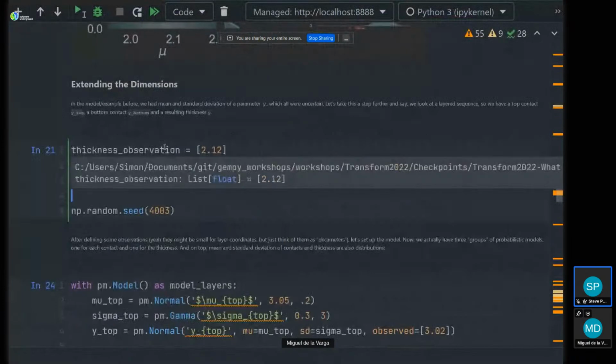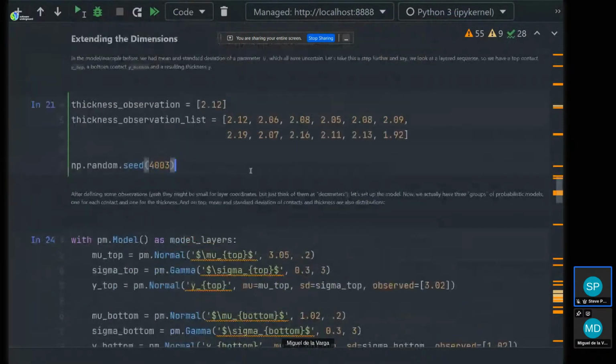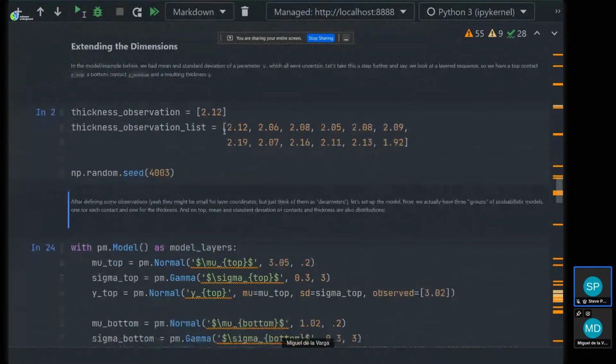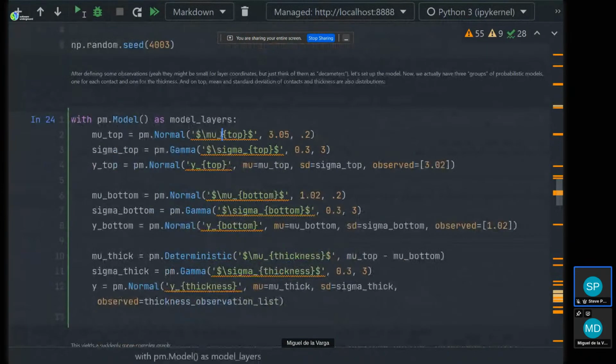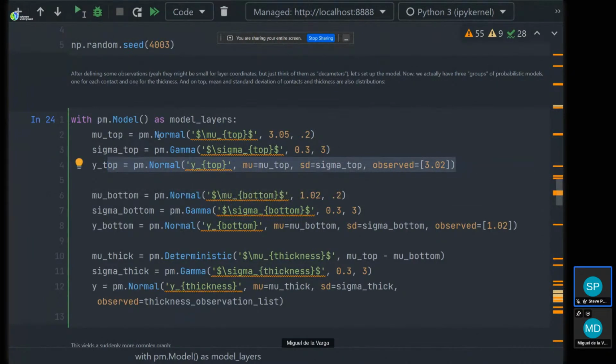All right, so here we are in the chapter extending dimensions. Same observations of thickness as before, but now we are increasing the complexity of the model. Before, we only had one observation, so one likelihood function, and 2 priors.